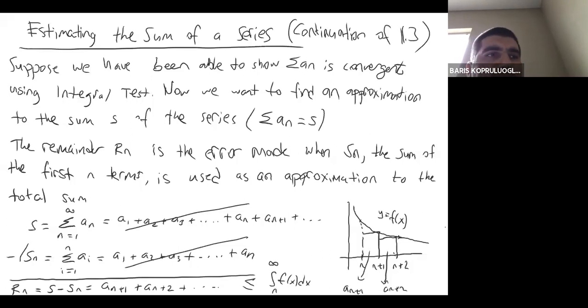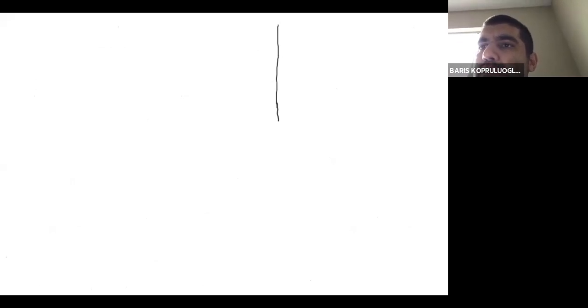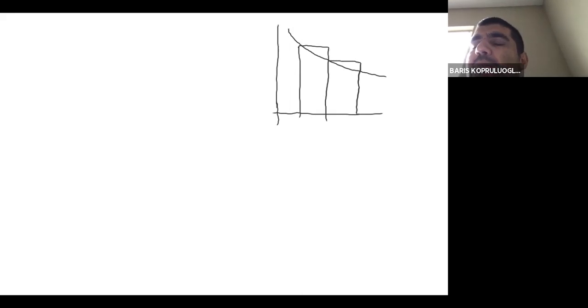And the second one, similarly: now if we use the left-hand endpoints to approximate f, this time the area of the rectangles will be larger than the area under the curve f.